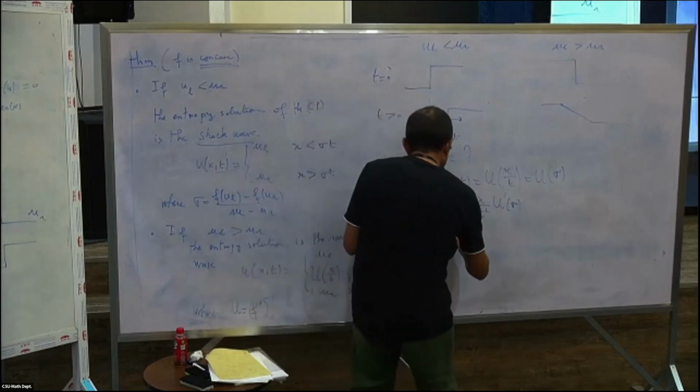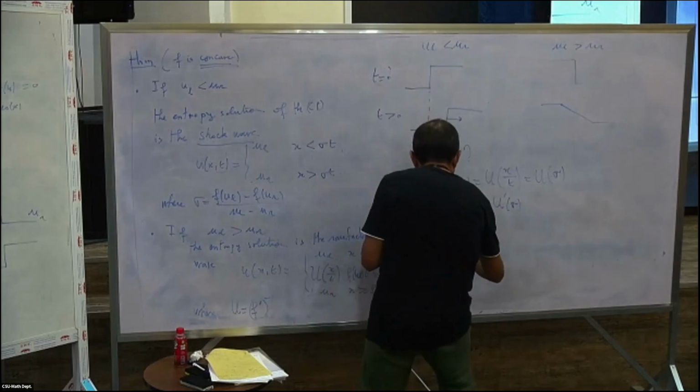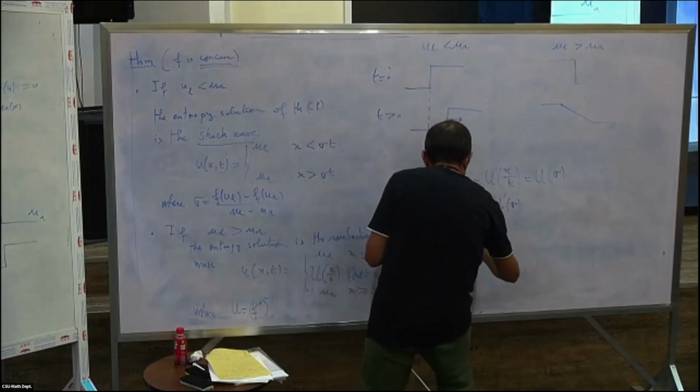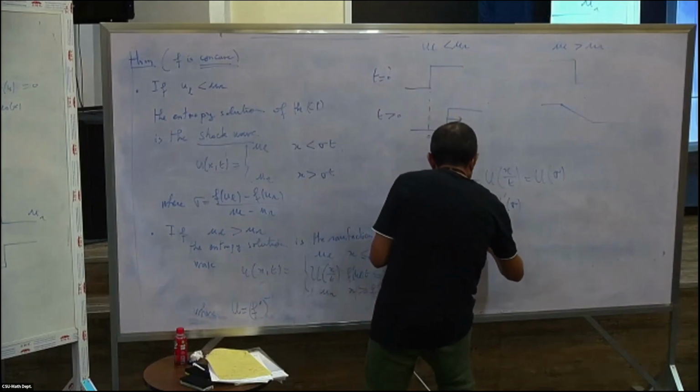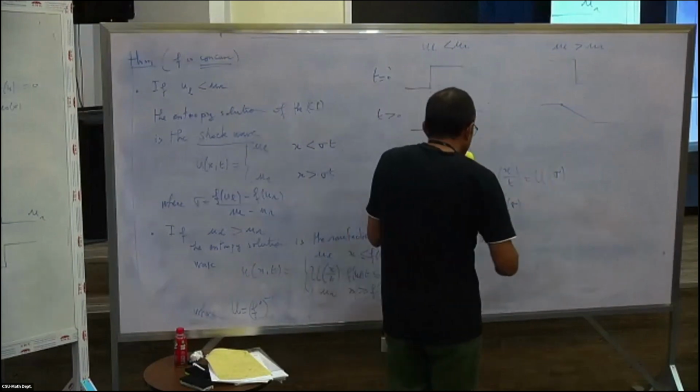And what is, so f prime of u, and dU over dx. So f prime of u is f prime of u.